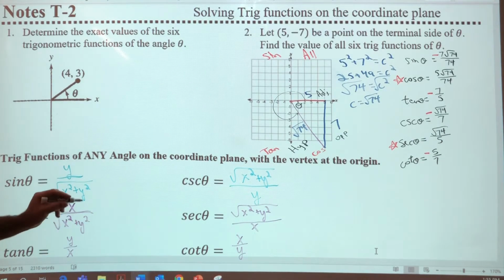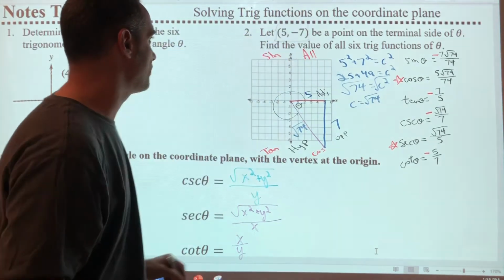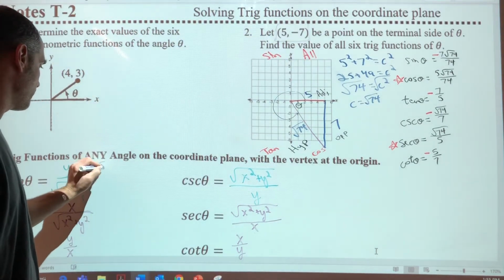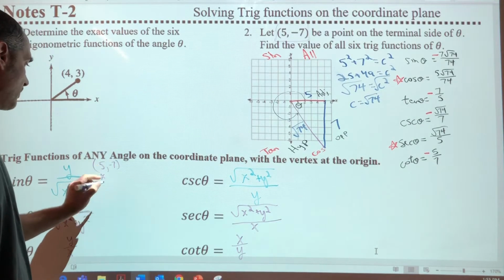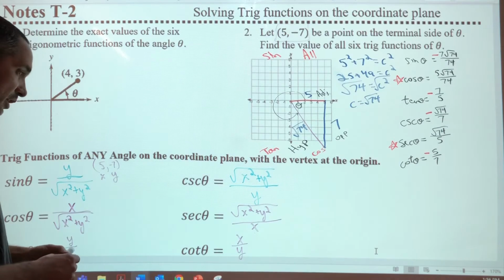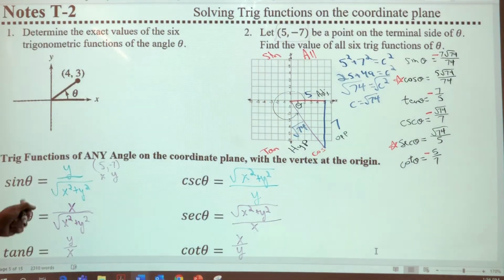We'll use this point (5, -7). So for the point (5, -7), we know that the x coordinate is 5 and the y coordinate is -7. And what we can do is just plug them into this formula.